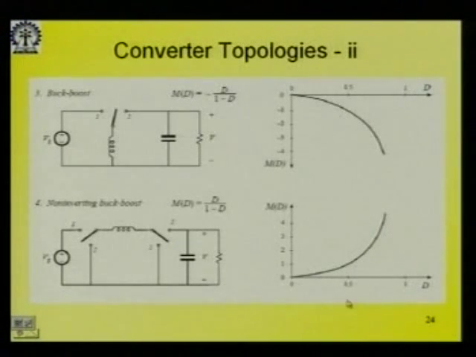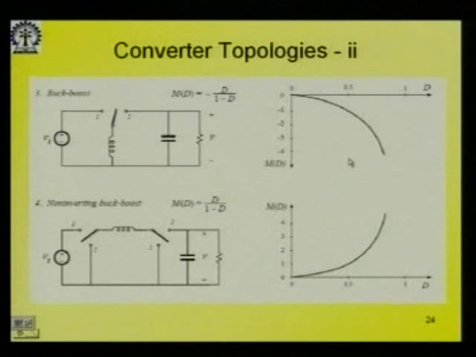There is another topology which is called the buck boost topology. We need not go into the details, you can analyze each one as it comes. Typically its output goes negative, it's also called an inverting buck boost, and the voltage keeps increasing in the negative direction with increase in duty cycle. There is a topology for non-inverting buck boost where 2 switches are required, which is just the reverse of this.